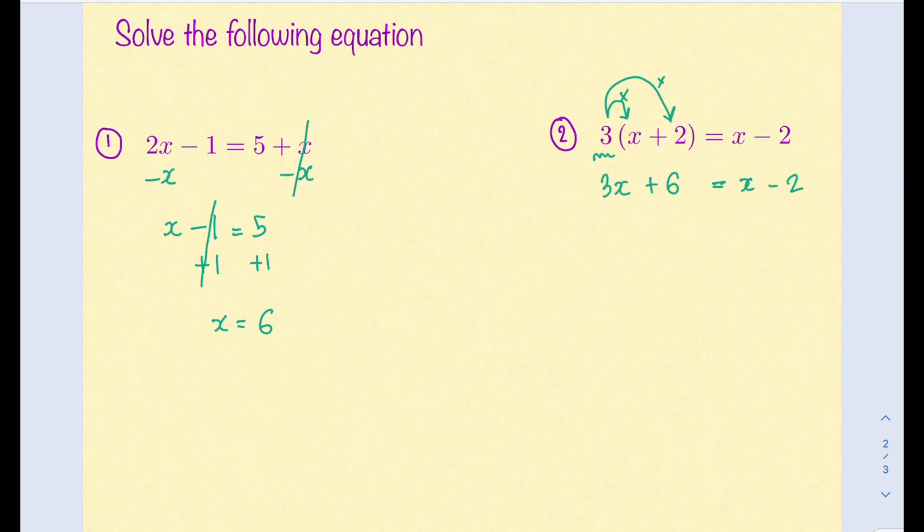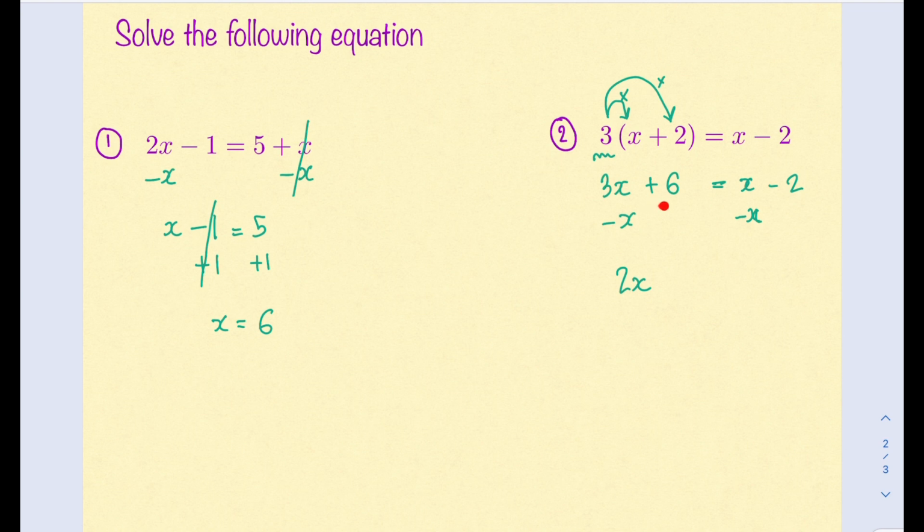Then I'm going to remove this x on the right. This x over here is a positive x. So the inverse of positive x is minus x. So I need to minus x from both sides of the equation. On the left, I have 3x minus x, and that equals 2x.